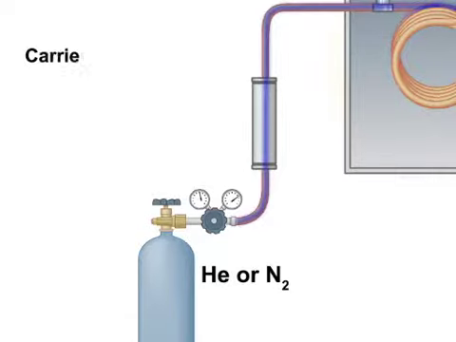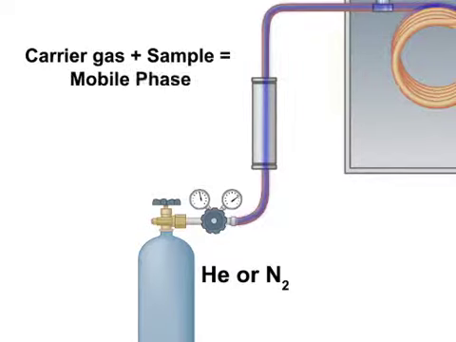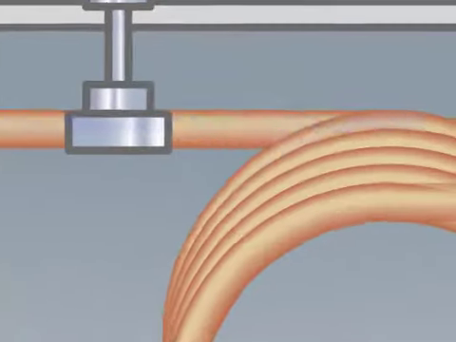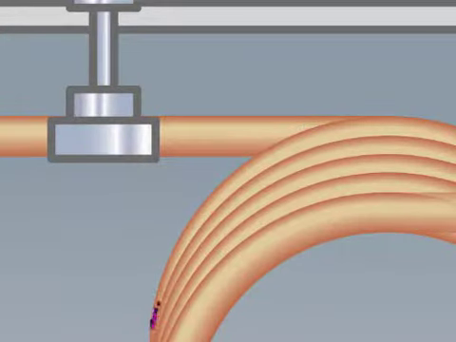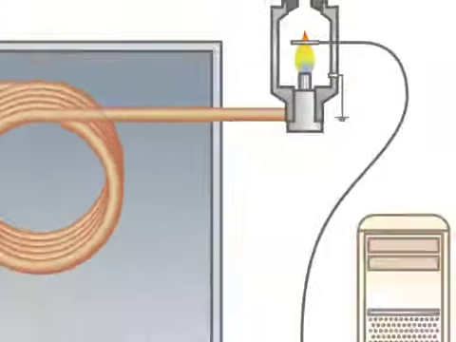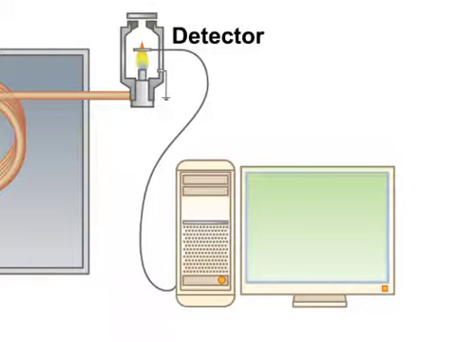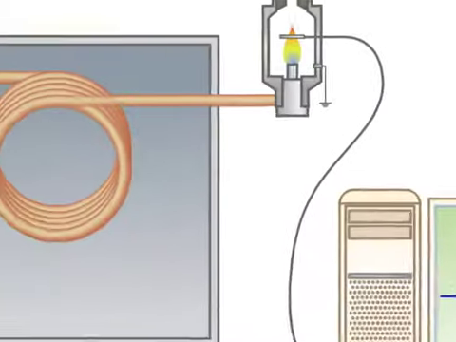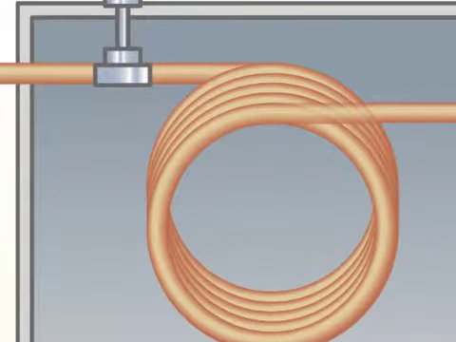Combined, the carrier gas and sample make up the mobile phase. Next, the mobile phase enters the heated column, separating the analytes as they flow through. Lastly, a detector records the gases as they exit the column or elute and sends data to a computer for analysis. The most critical component of the instrument is the column.